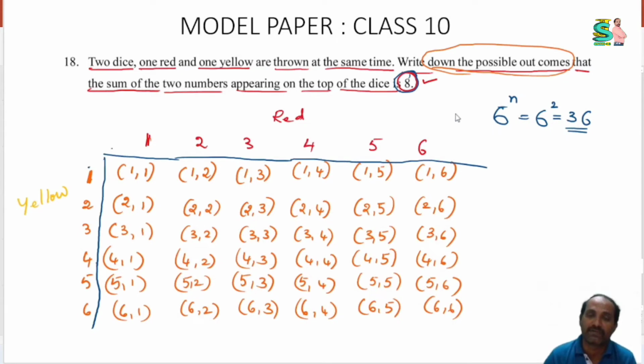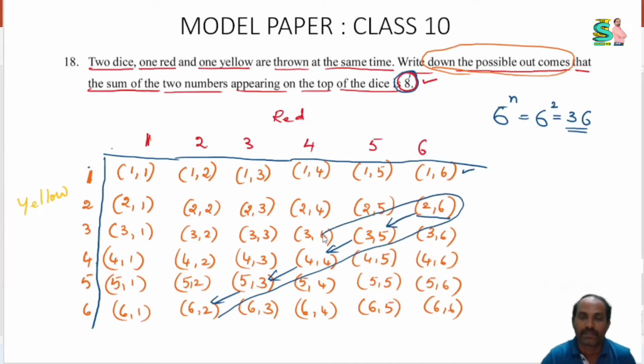Now list out, he said, all the possible outcomes whose sum is 8. Let us check whose sum is 8 here. From first up to last, 1 plus 6 is 7. Here 2 plus 6 is 8. Now you can draw the diagonal, these two, this one and this one. These are the outcomes whose sum is 8. I will round up this, easily you can get these.